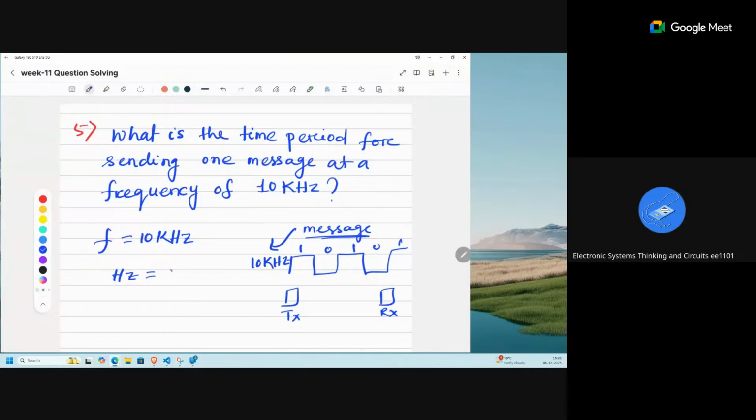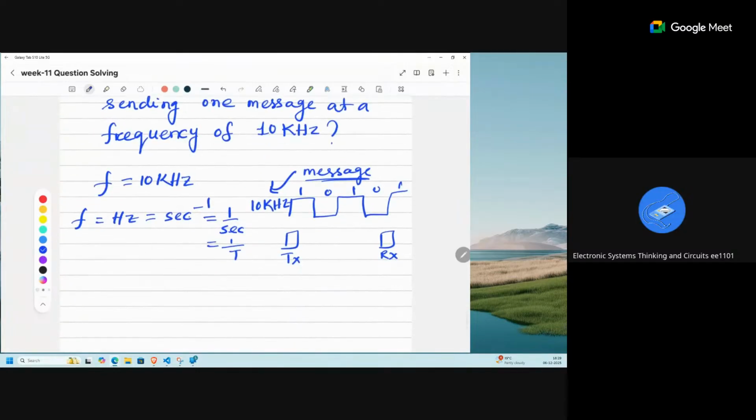It is nothing but second inverse, right? Yes, ma'am. We can use the formula T is equal to 1 by F. That means it is second inverse, 1 over second, that is nothing but 1 over time. That means F is equal to 1 over time, right? So if I know the frequency, then I can find the time period.